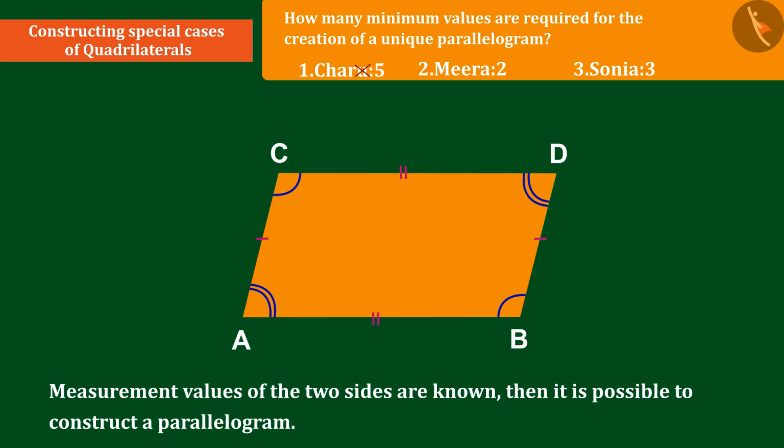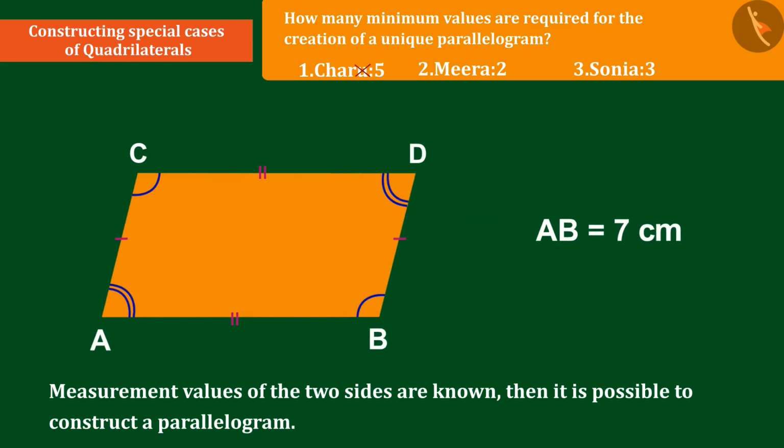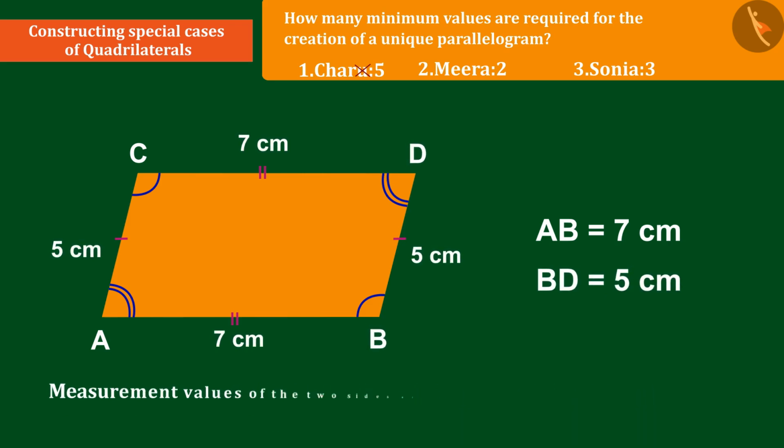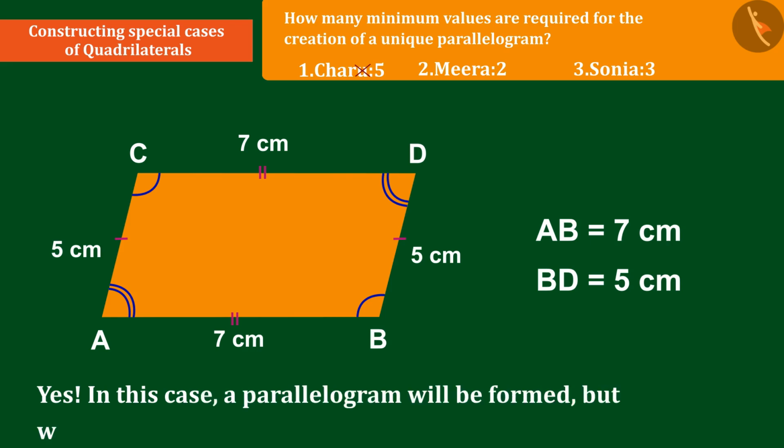Suppose the measurement values of adjacent sides AB and BD of a parallelogram are 7 centimeters and 5 centimeters, from which we can conclude the following. Yes, in this case, a parallelogram will be formed. But will it be unique? Let's discuss this.